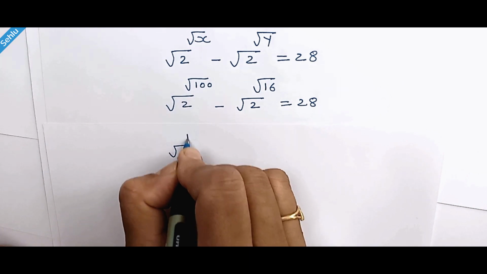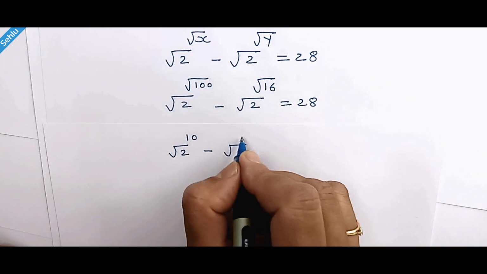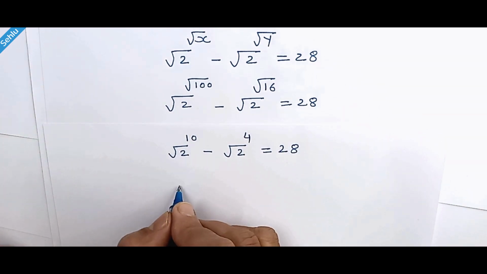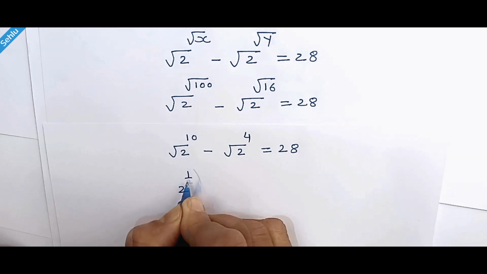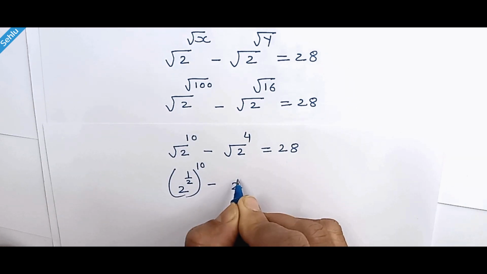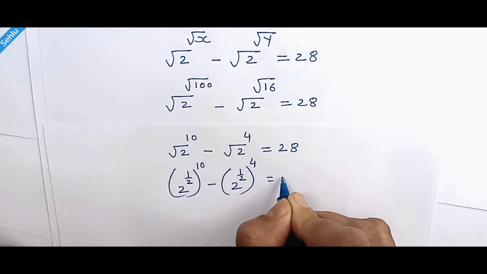Square root of 100 is 10, and square root of 16 is 4. Now square root of 2 can be written as (2 raised to 1 over 2) whole raised to 10 minus (2 raised to 1 over 2) whole raised to 4.